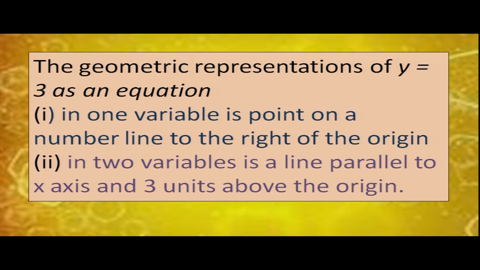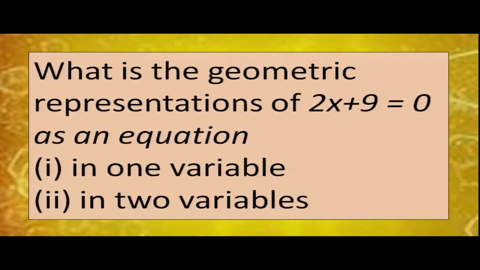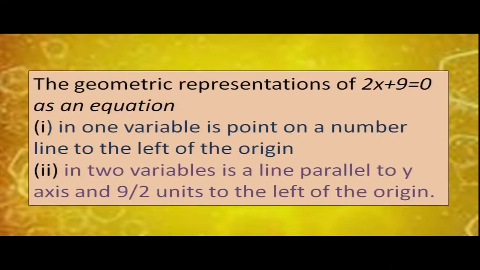Let's have another question. What is the geometric representation of 2x + 9 = 0 as an equation in one variable and in two variables? Now, the geometric representation of 2x + 9 = 0 as an equation in one variable is a point on the number line to the left of the origin.